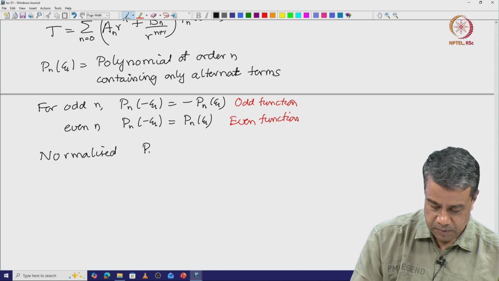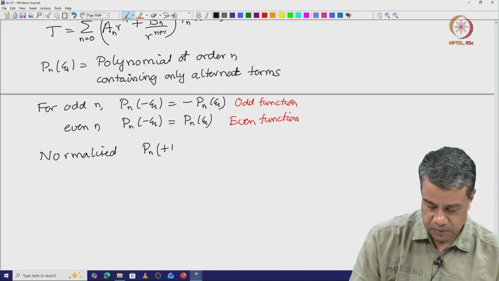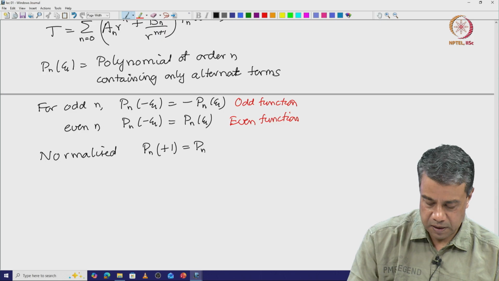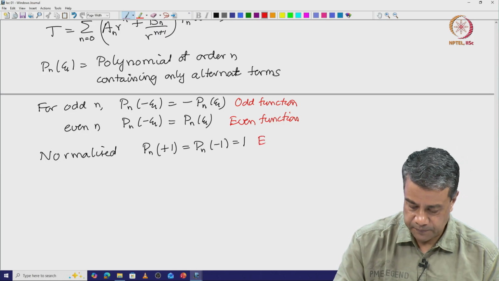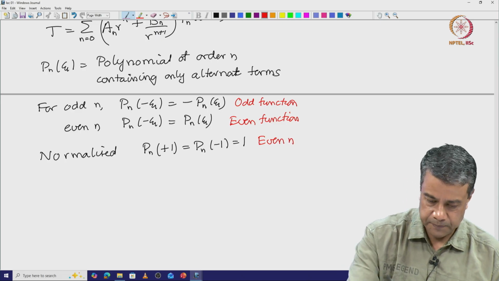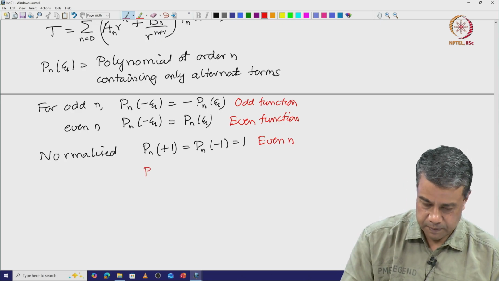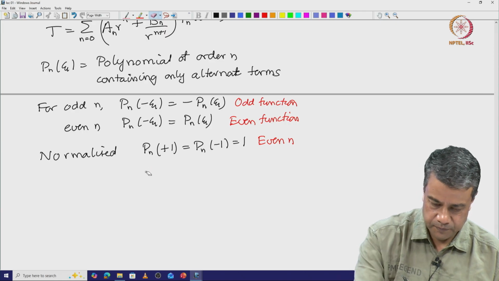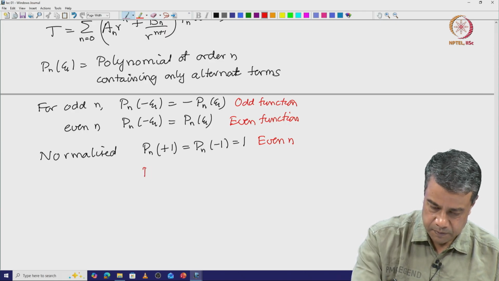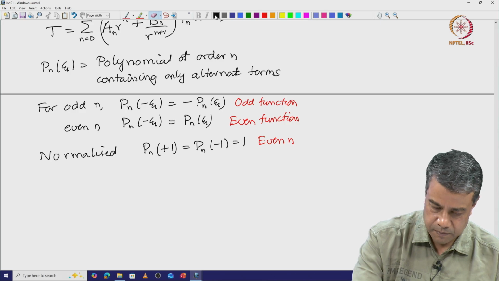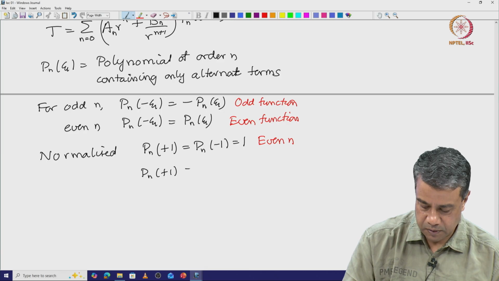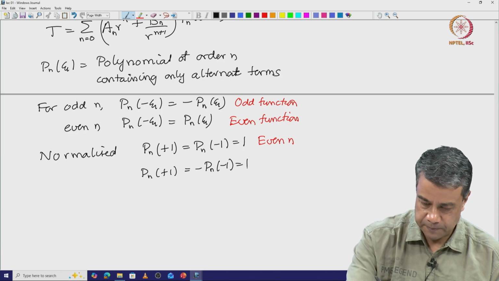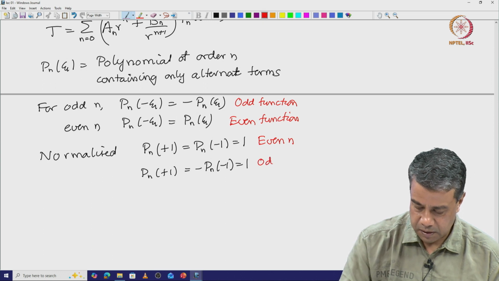such that Pn of plus 1 is equal to Pn of minus 1 is equal to 1 for even n, and Pn of plus 1 is equal to minus Pn of minus 1, which is 1 for odd n.